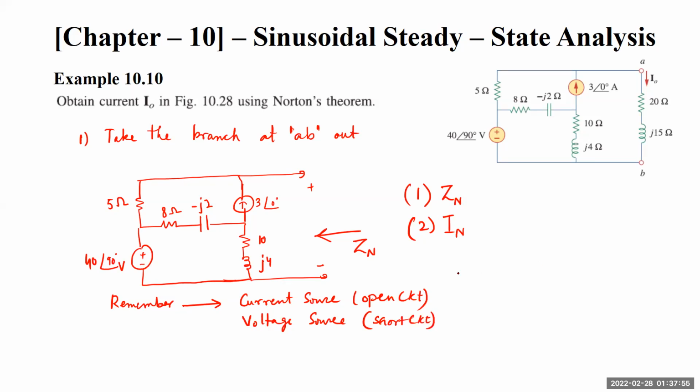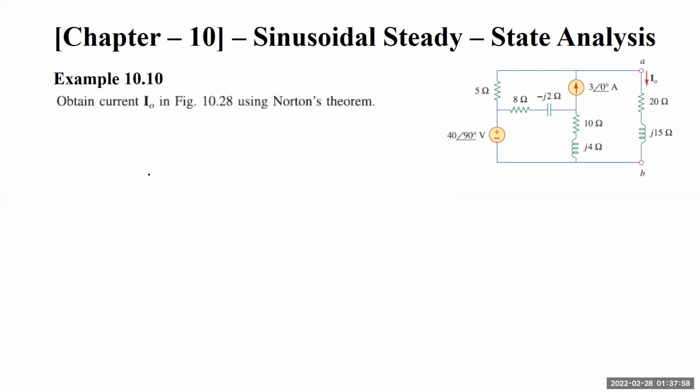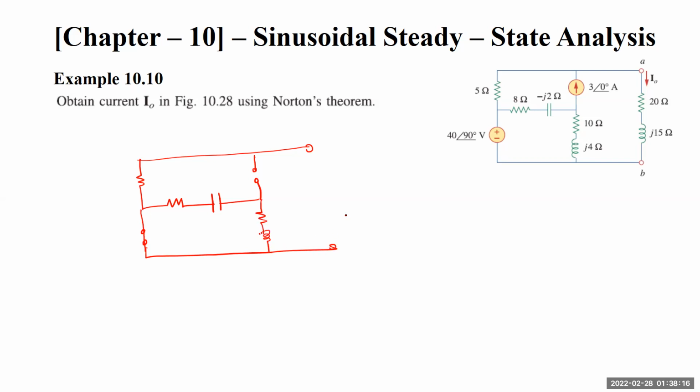So with open and short circuit, this whole thing will look something like this. The current source is open circuited, and this voltage source is short circuited. This is 10. We have to find the Z Norton between A and B. So this is 5, this is 8, minus J2, this is 10, this is J4. This is the circuit that remains.